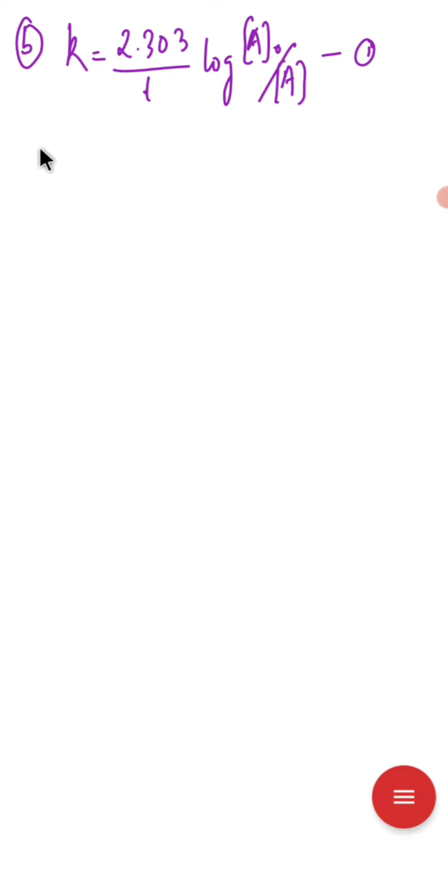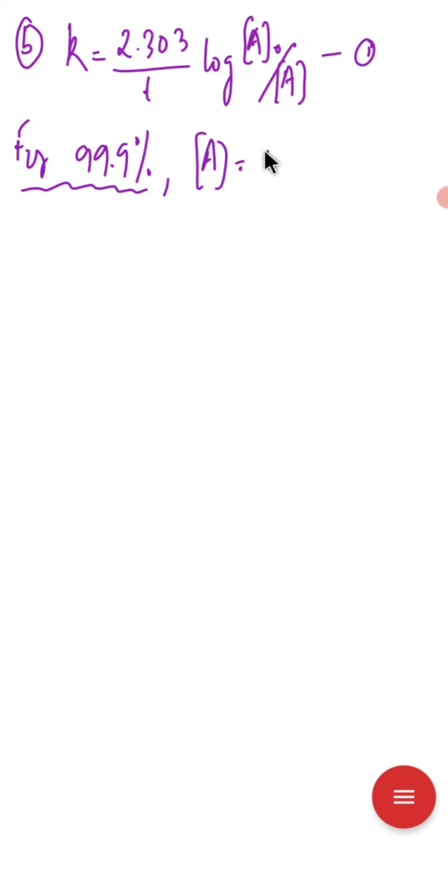Now for 99.9% of the reaction, we need to substitute this t by t 99.9%, right? And A naught by A will be equal to... if 99.9% is complete, then 0.1% of A naught is remaining, right?